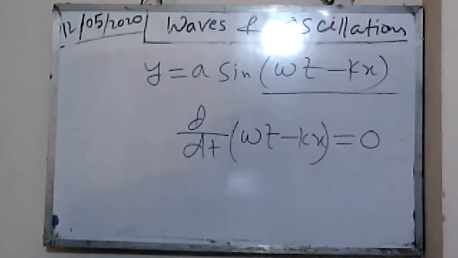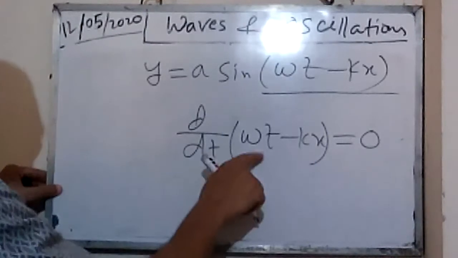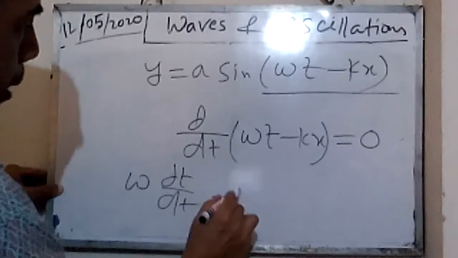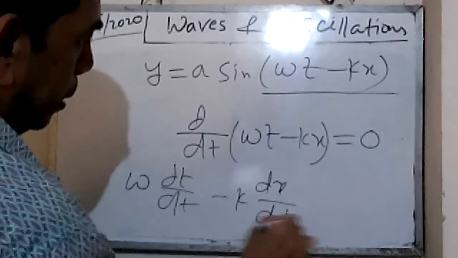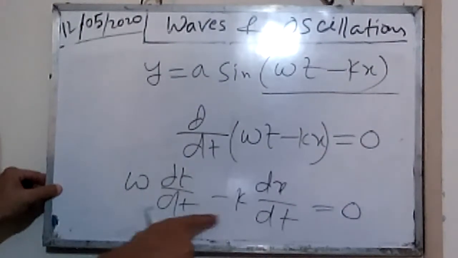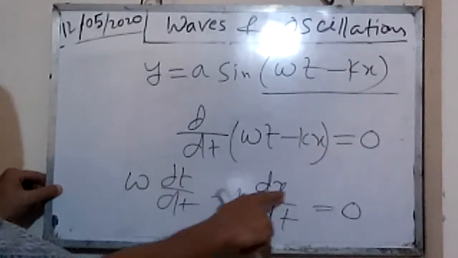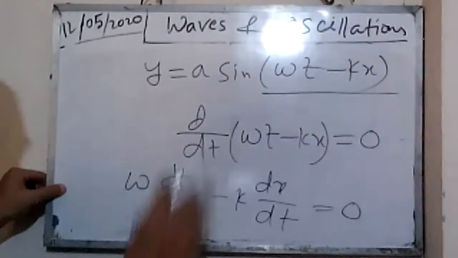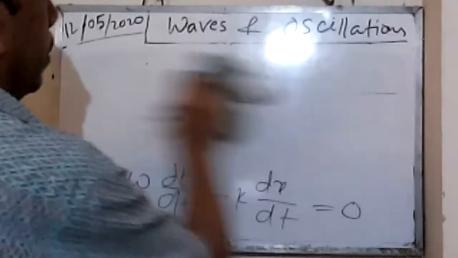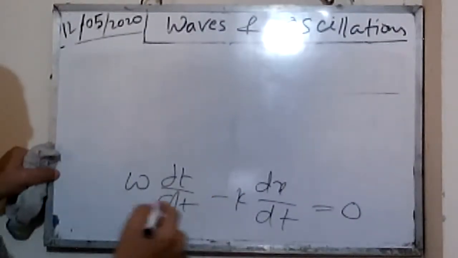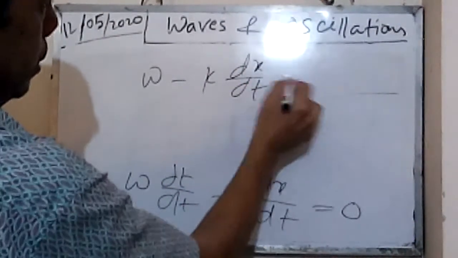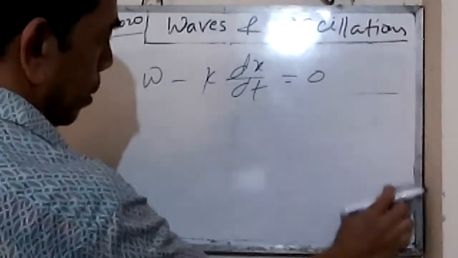Now differentiate this: omega dt by dt minus k dx by dt equals 0. Omega is constant and k is constant. So omega minus k dx by dt equals 0.